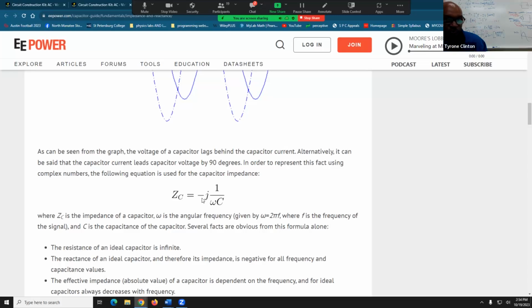Wait, what do you mean pick off? So 1 over omega C is what you're going to use in your calculation. How about the minus? So for our resistance, our reactance piece, it could be both positive or negative. So we might want to figure out what it's asking for here.